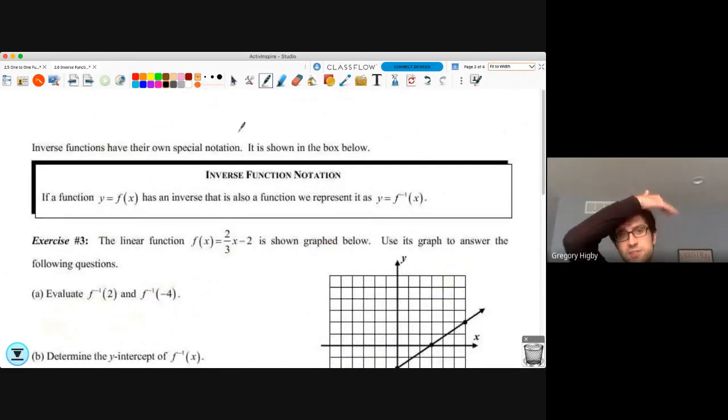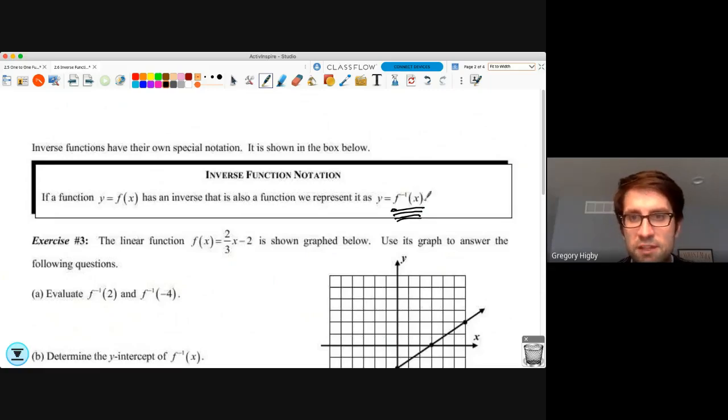So just as a heads up, as we move forward, we also have what's called inverse notation. I know it's new information for you guys, but instead of having some different function, just calling everything F and G or H, we've seen a few of those, what we do is we want the reader to know that this is the inverse of the F function.